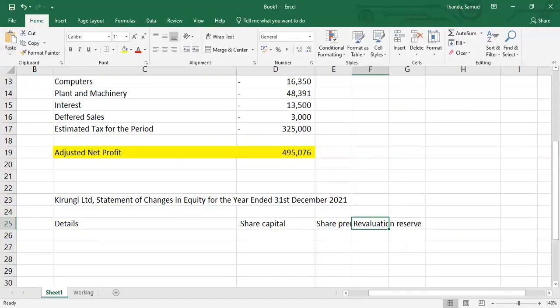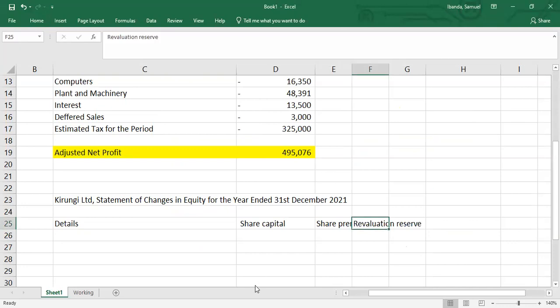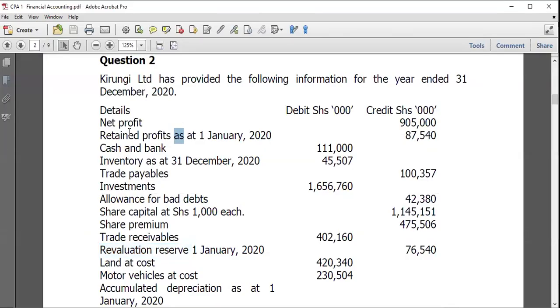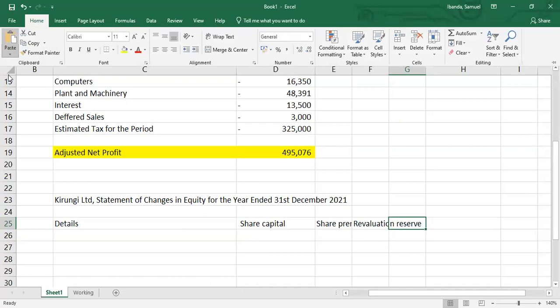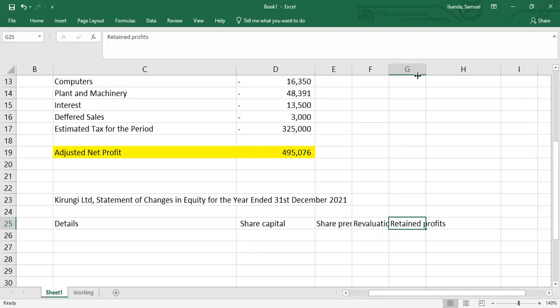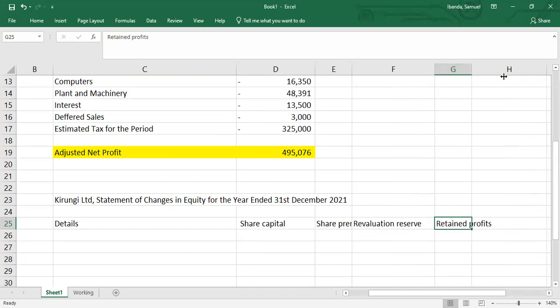Apart from that, there are also the retained earnings, which in this case the examiner called retained profits. We can call them retained profits, but they are retained earnings as well. So basically, each equity item has a column on its own, and that is how everything runs.